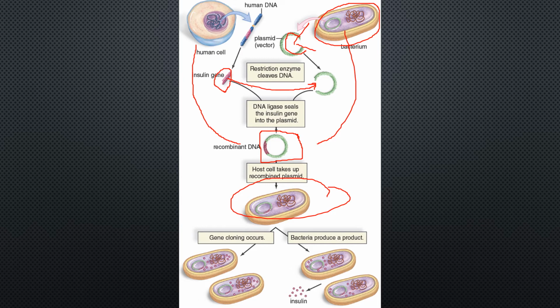And so we have gene cloning that occurs. So these bacteria continue to replicate the desired gene. And in our case, that bacteria also produces the product that we want, which is insulin, because it has gone through gene expression as well. So that is molecular cloning.